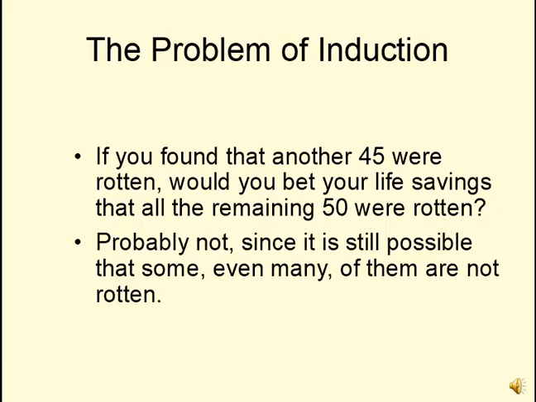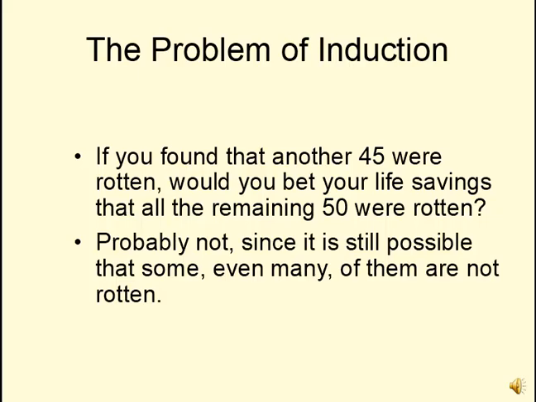So let's go ahead and pull out 45 more mangoes from that barrel. We've got 5 rotten mangoes. Our hypothesis is all the mangoes in that barrel are rotten. We pull out 45 more, yeah, and they're all rotten. So now we've got a pile of 50 rotten mangoes on our table, and we've got a barrel with 50 more mangoes in it. Would you bet your life savings that all the remaining 50 mangoes were rotten?